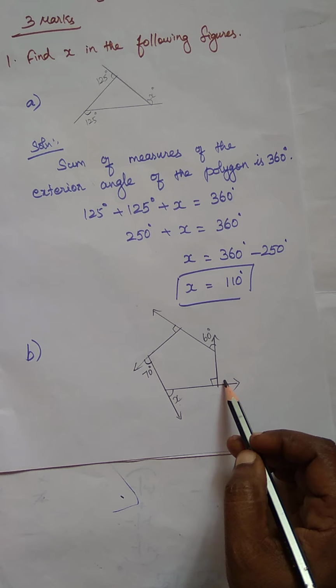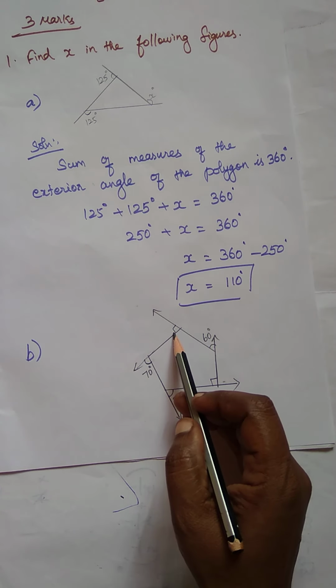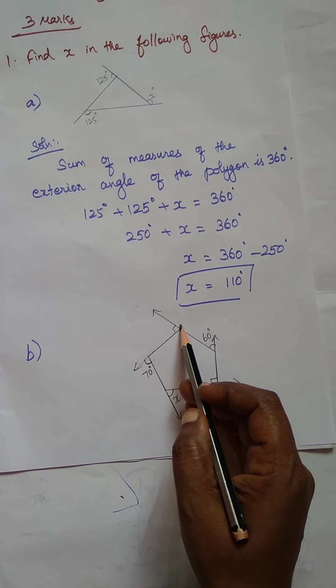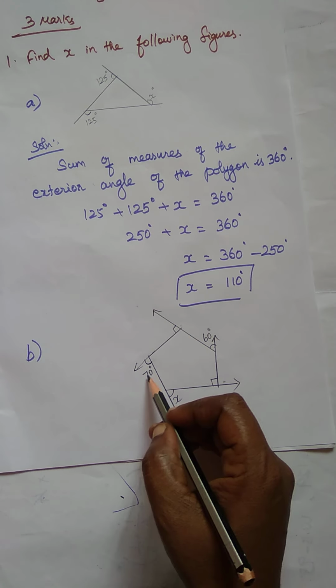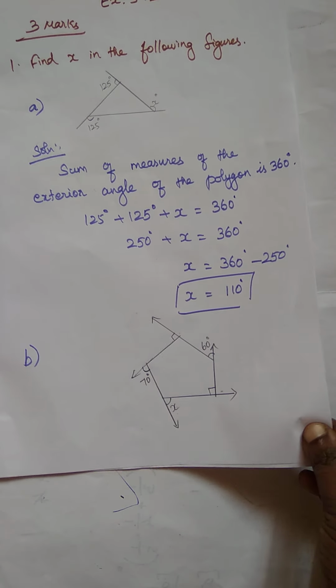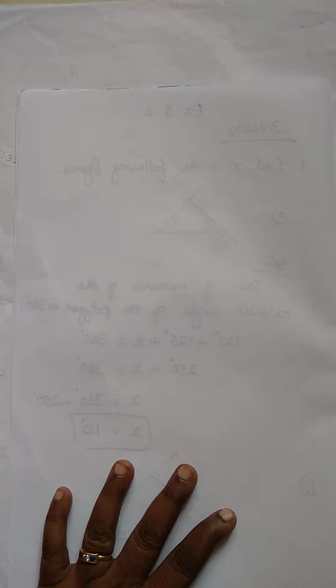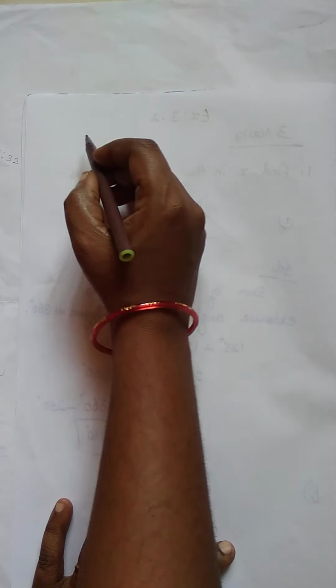This exterior angle also 90 degree. It is 60 degree, interior is 90 degree, so exterior also 90 degree. So here 70 degree. Okay. So using this we find the unknown angle x. The same statement we are using here also.